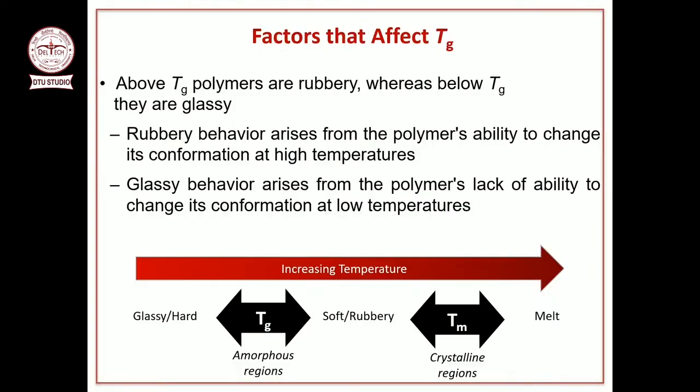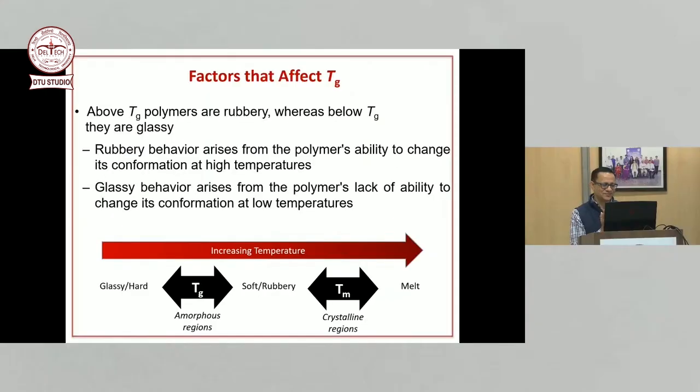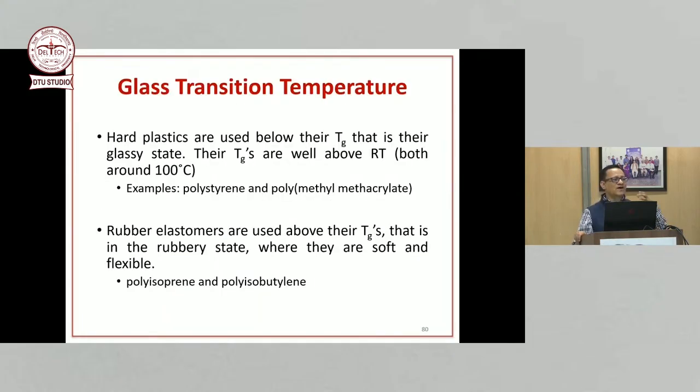Above Tg polymers are rubbery, whereas below Tg they are glassy. Rubbery behavior arises from the polymer's ability to change its conformation at higher temperature. Glassy behavior arises from the polymer's lack of ability to change its conformation. The motion ceases. A lot of hard plastics that you see, are they above Tg or below Tg? Below Tg, right?